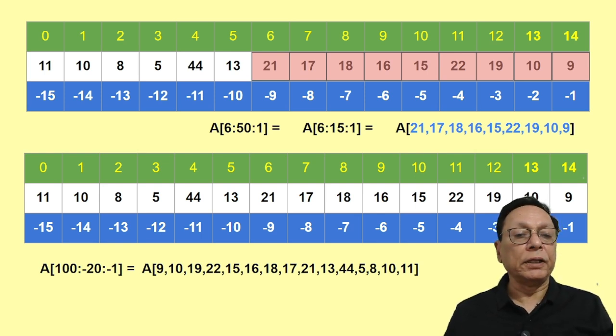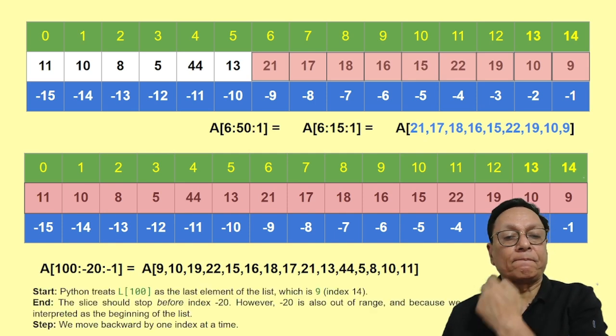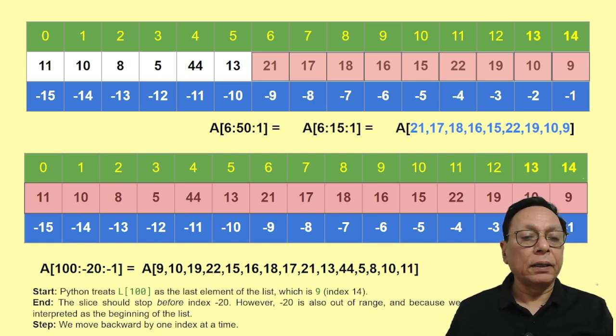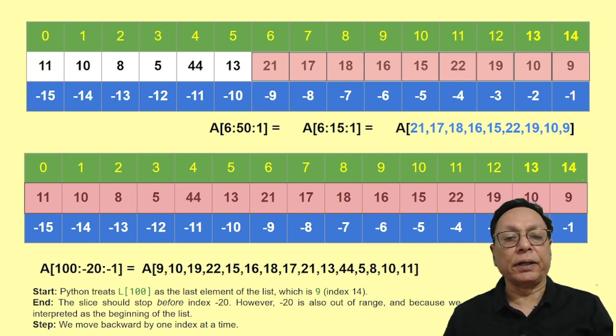So this should be the complete slice from this list. Here I would like to tell you that Python treats 100 as the last element of the list, which is index number 14.